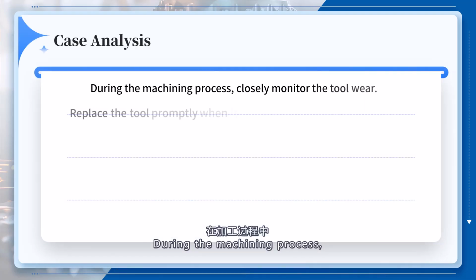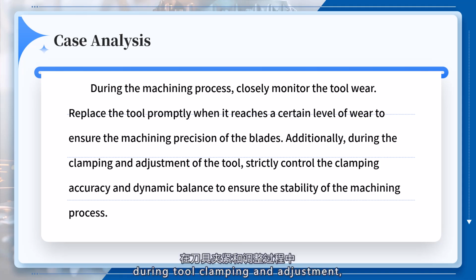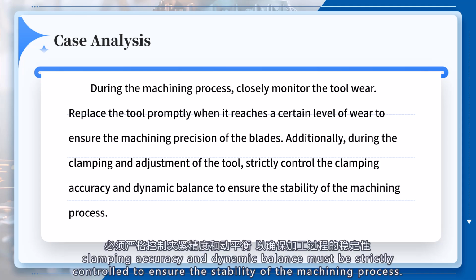During the machining process, it is important to closely monitor tool wear and replace the tool promptly when wear reaches a certain level to ensure the machining precision of the blades. Additionally, during tool clamping and adjustment, clamping accuracy and dynamic balance must be strictly controlled to ensure the stability of the machining process.